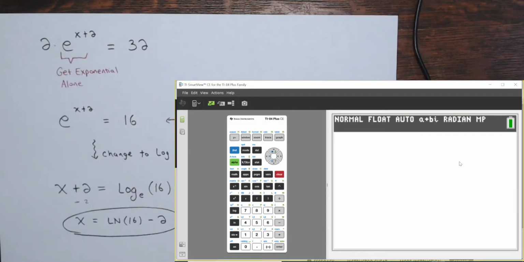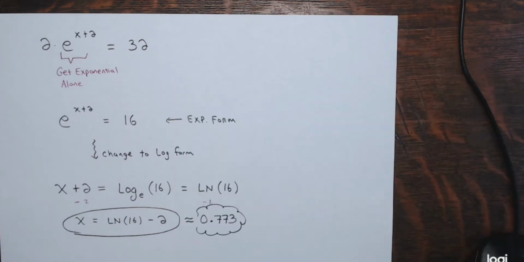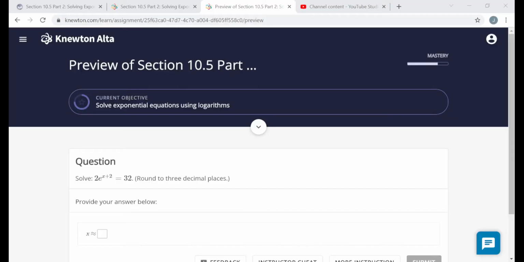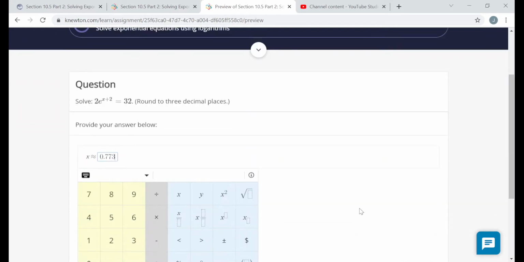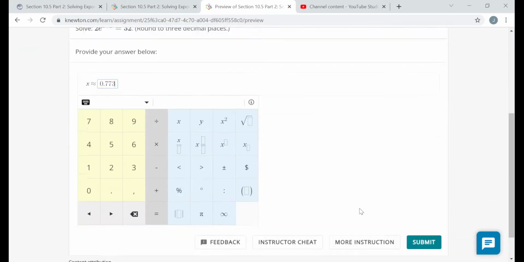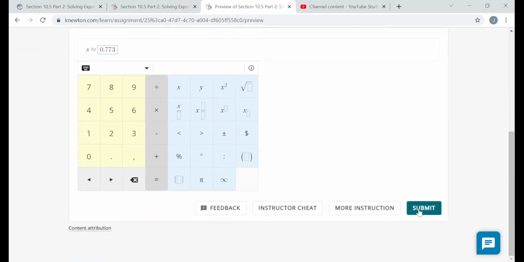Great, so let's get this down, and I'm going to be entering 0.773 back in the assignment. So get the exponential, the base and the variable power alone, then change to logarithmic form, solve for the variable. Those 3 steps every single time.